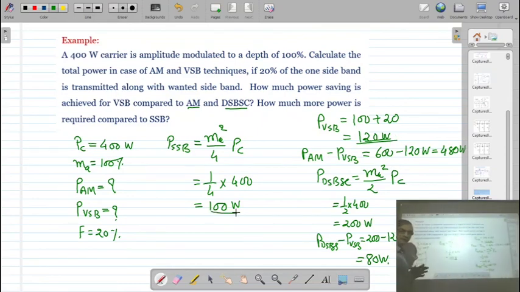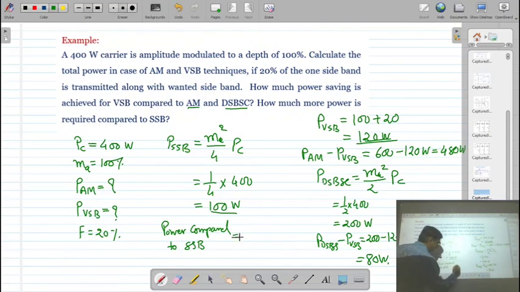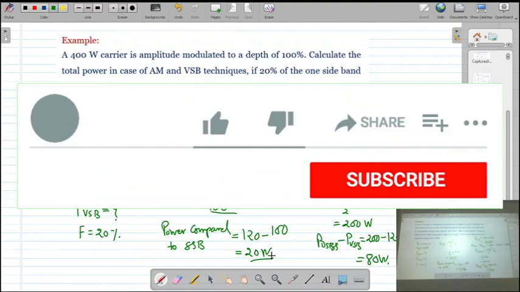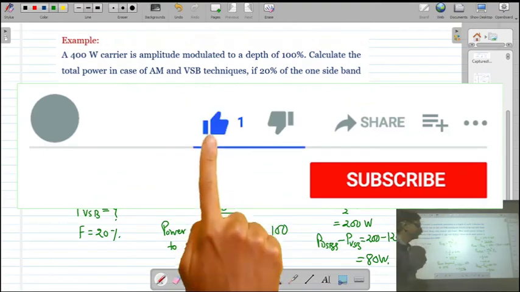So the extra power required is 120 minus 100, so 20 watt extra power is required. Okay.